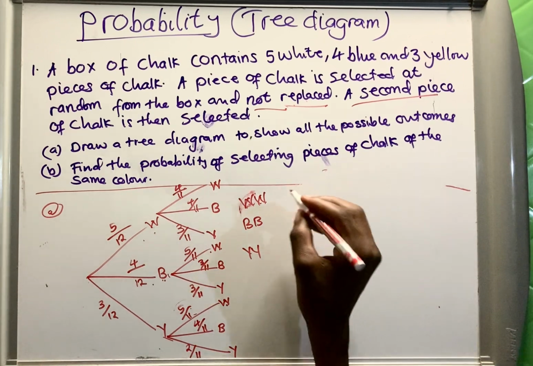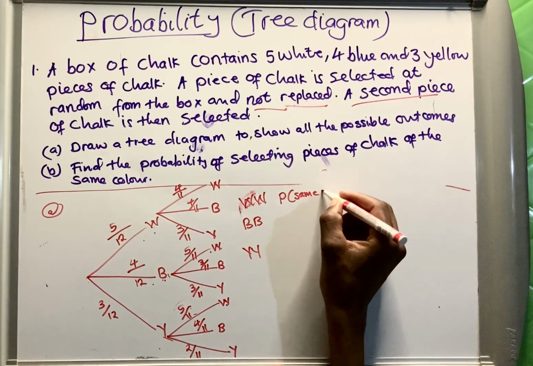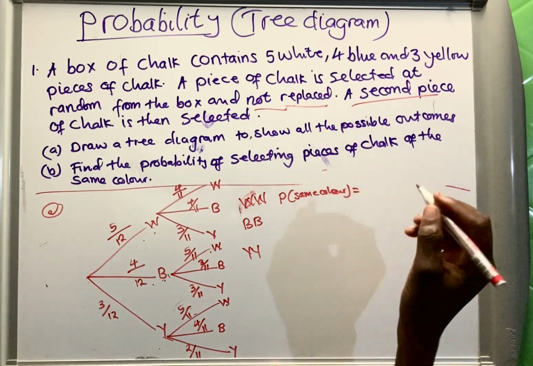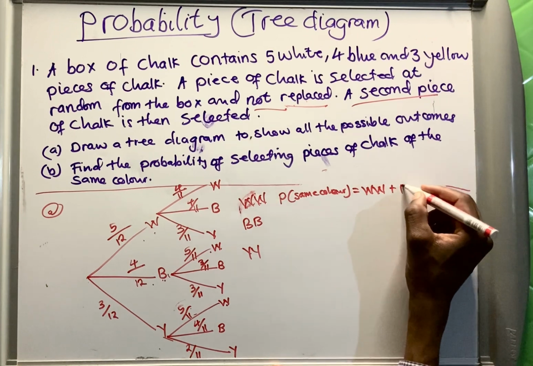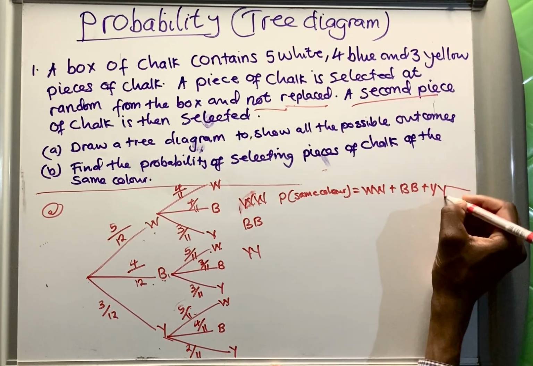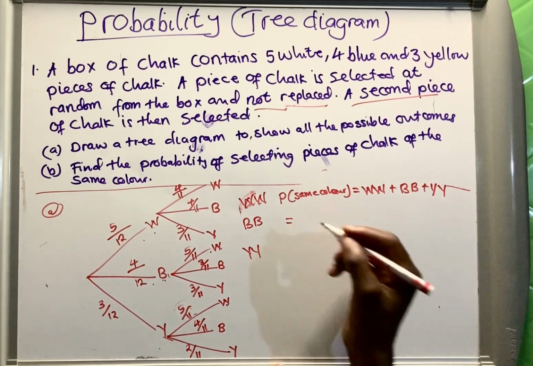Okay, so the probability of picking same color is equal to white plus blue plus yellow. I'll start putting numbers now. I'll start from here.